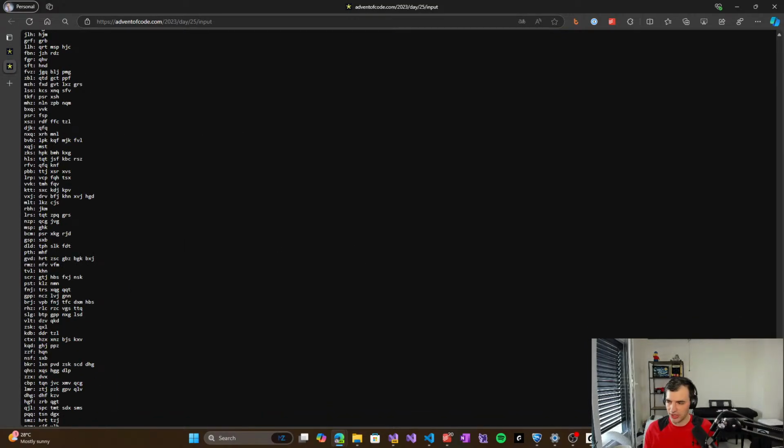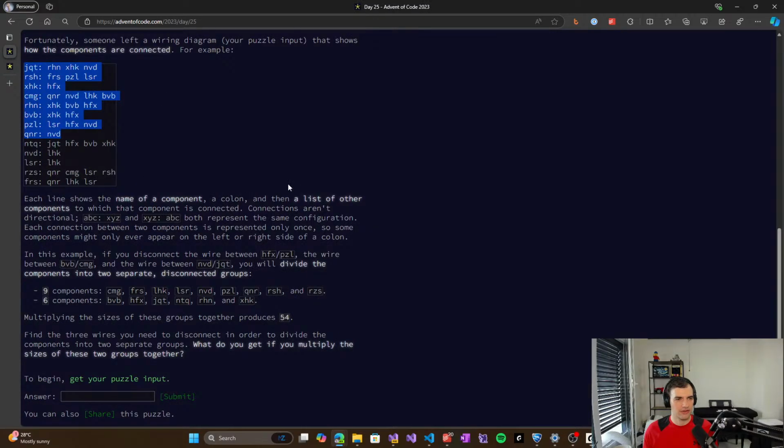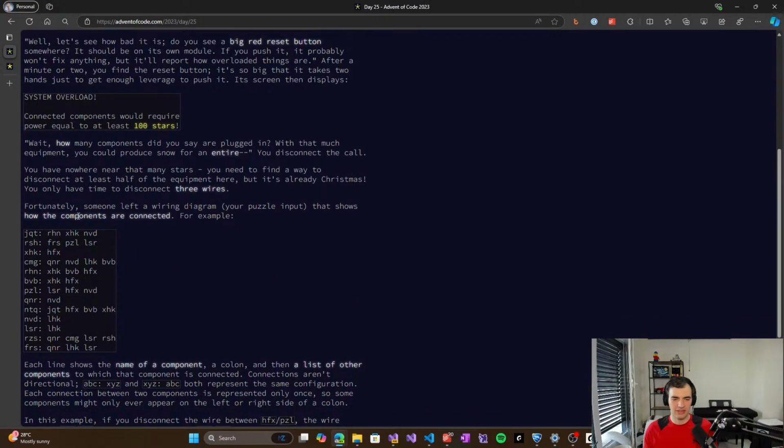So that's another option. But because of the nature of the input, that there is a lot of connections, it's actually possible to do it in another way entirely, and that's by finding the farthest possible nodes that are in the graph, and then removing the path between them, one of the paths between them. And when you do this 3 times, you will definitely remove those bridges that are connecting the two components.